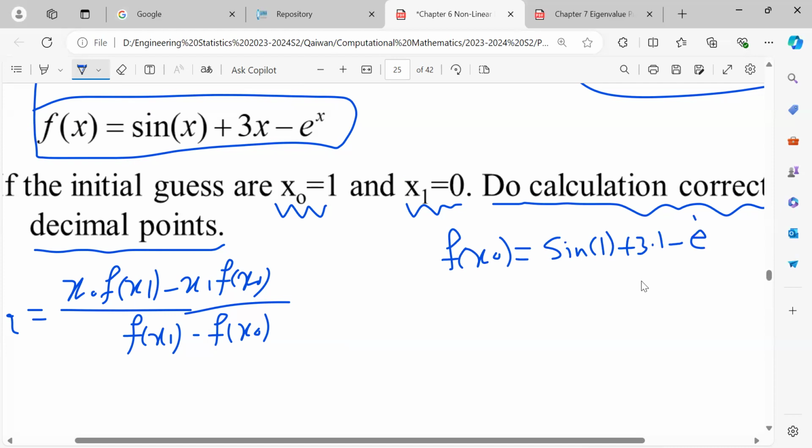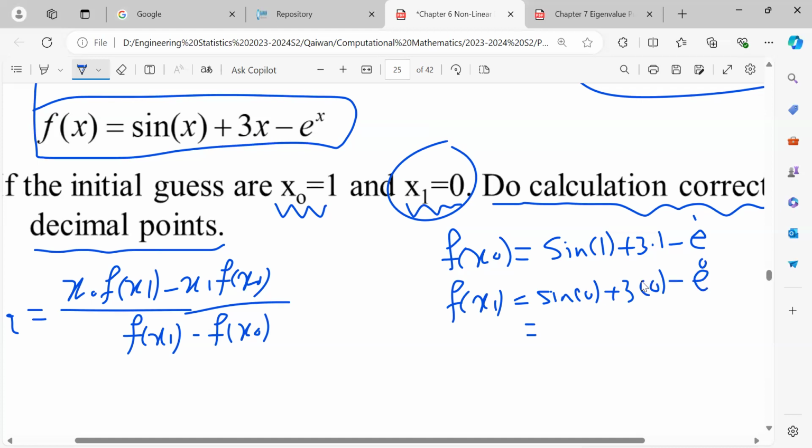We evaluate this and get a value for f of x0. And we have to evaluate the function at x1. x1 is 0, so it is f of 0, sine 0 plus 3 times 0 minus e to the power 0.